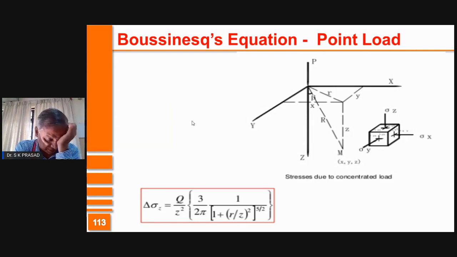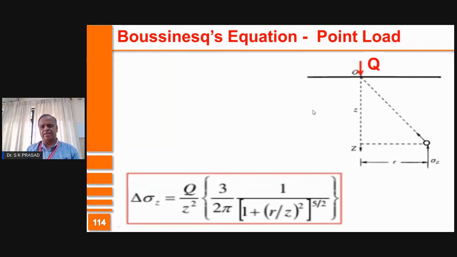And according to this, del sigma z is given by Q by z squared into 3 by 2 pi into 1 over (1 plus (r by z) whole squared) raised to the power 5 by 2. Here Q is equal to the point load applied, r is the radial distance, z is the depth, and all other things are known. Therefore, sigma z is the stress induced at any depth and at any radial distance.